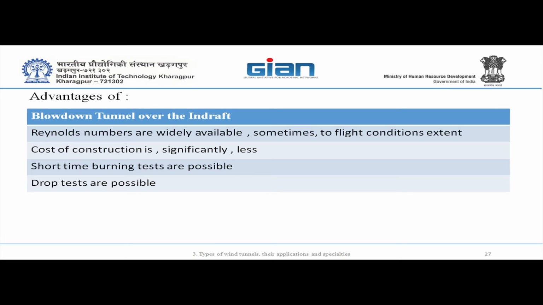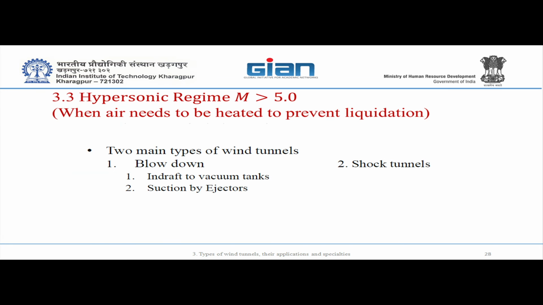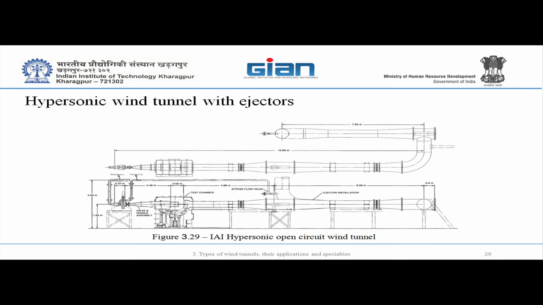So let's see how it looks. This is a blowdown tunnel. You have two views. The bottom one is the side view, and the top one is the top view. You don't see all the systems, only the system close to the tunnel.